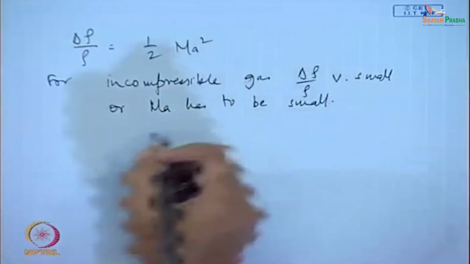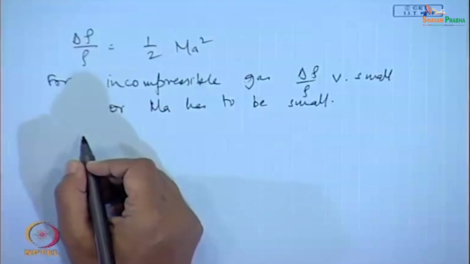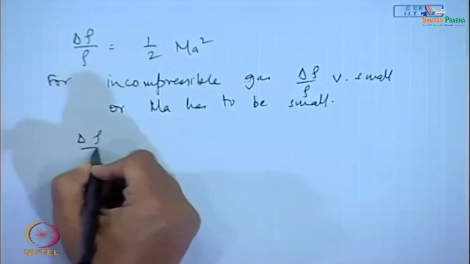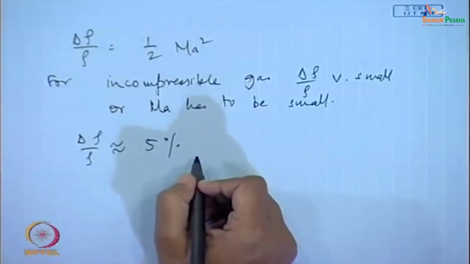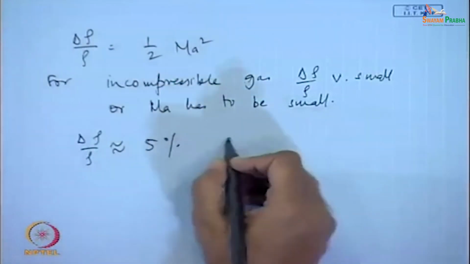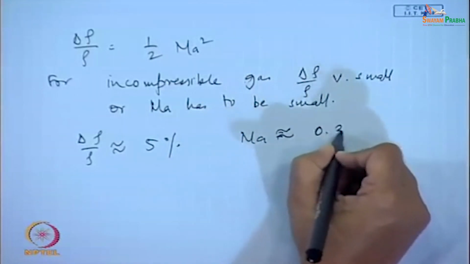Now, we know one thing, that if we allow a 5% change of delta rho by rho, and if you substitute it here, then your Mach number is almost equal to 0.33.